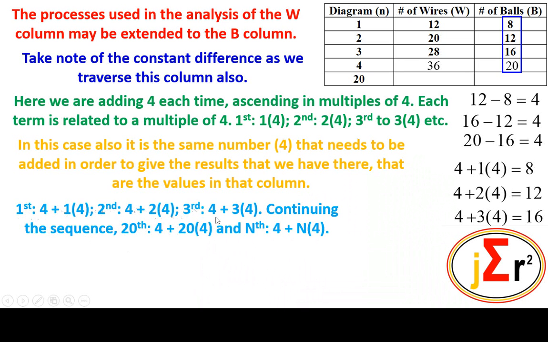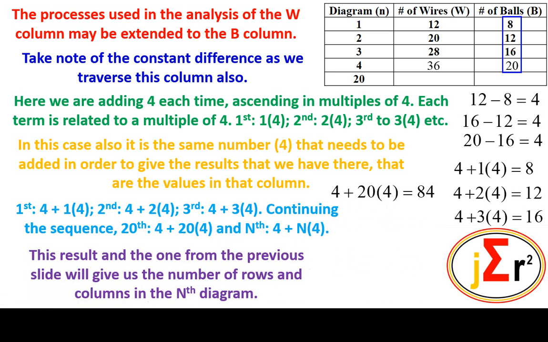The third, 4 plus 3 times 4. Continuing the sequence, the 20th must be 4 plus 20 times 4. And the nth will be 4 plus n times 4. And we see that it is 4 plus 20 times 4, which is equal to 84.